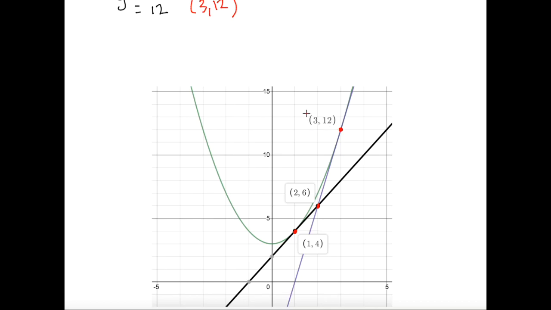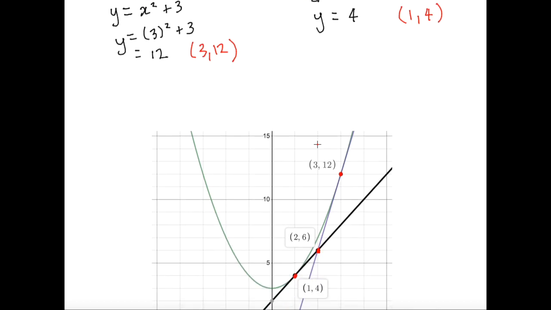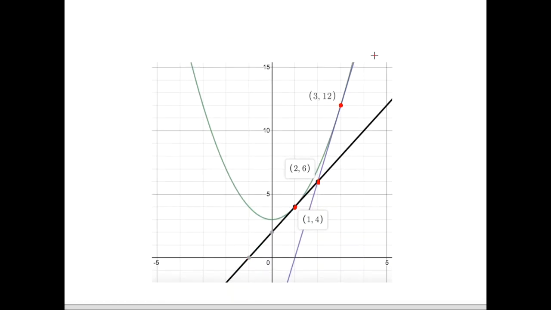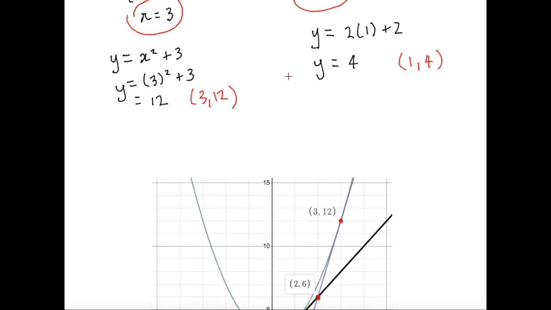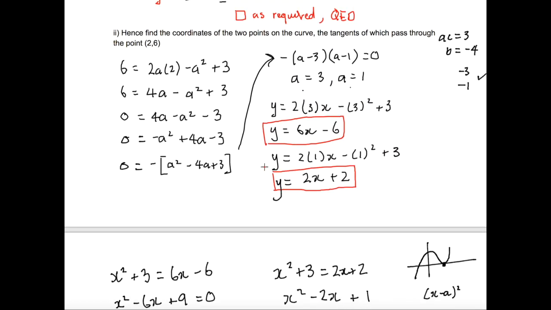We know if we draw a tangent at 3, 12 and at 1, 4 on the original curve, they both pass through the point 2, 6. So hopefully the graphical representation makes it a little bit clearer what we were doing. Quite a tricky question. It's tricky to know what you have to sub into, but hopefully the process of stepping it out helps you a little bit with that.